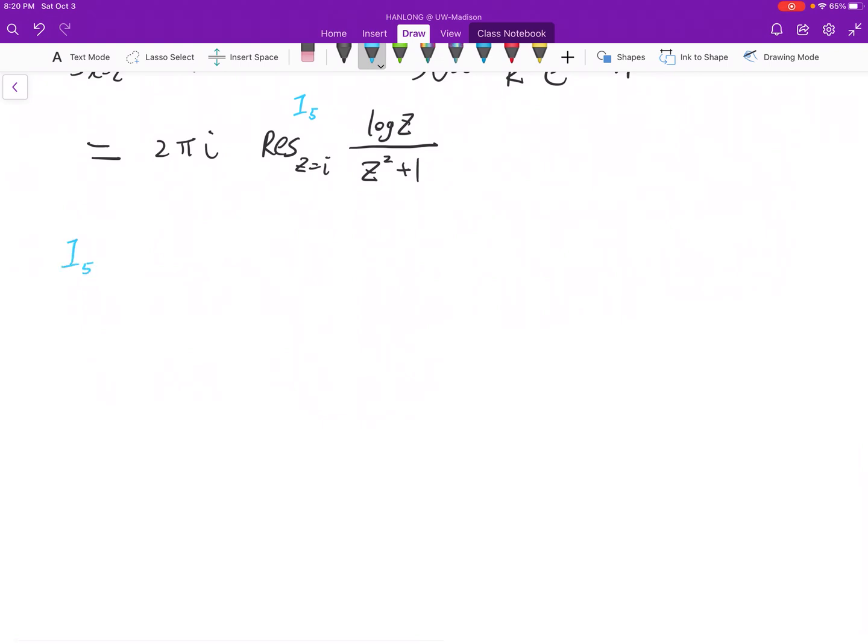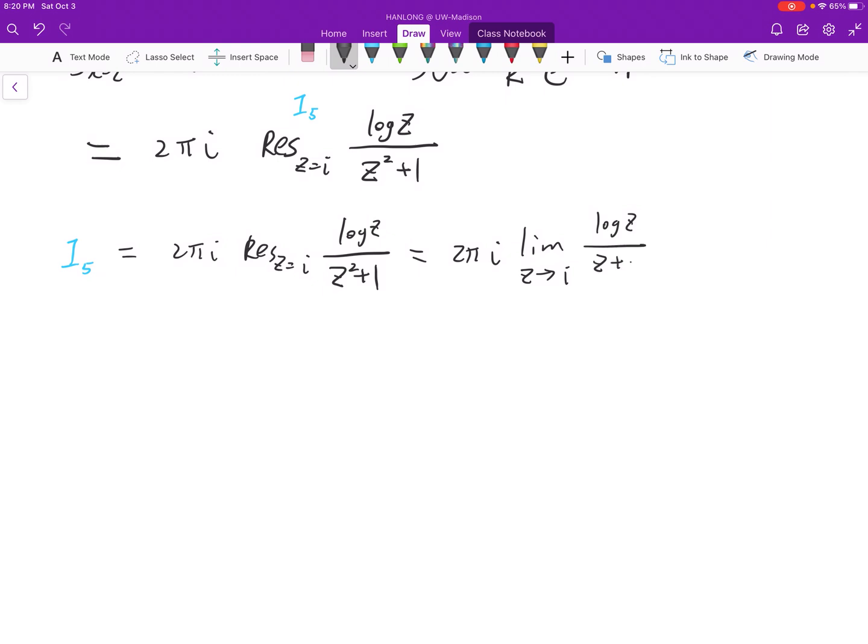So for I5, that's 2 pi i times the residue at the point i of log z over z squared plus 1. So this is 2 pi i times the limit as z goes to i of log z divided by z plus i.